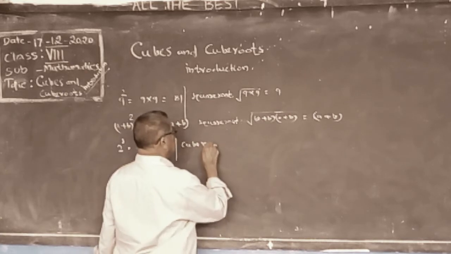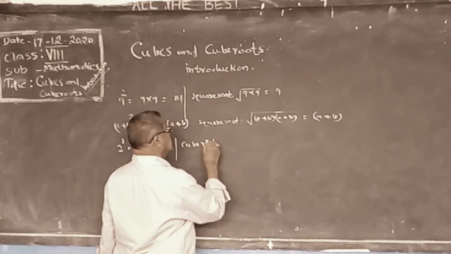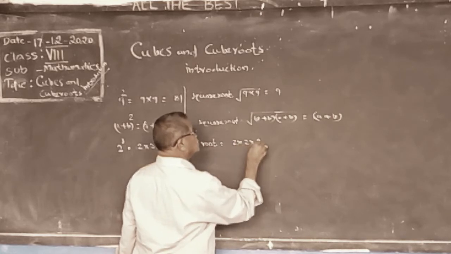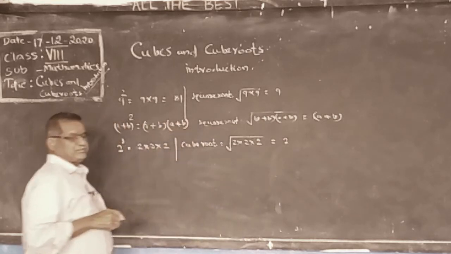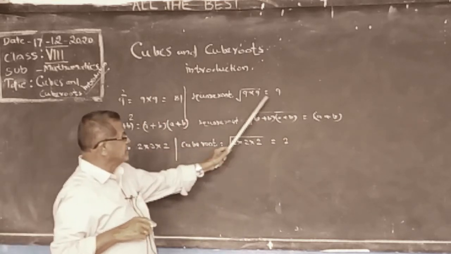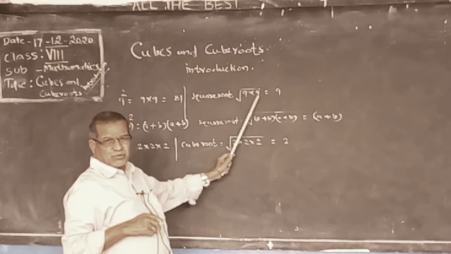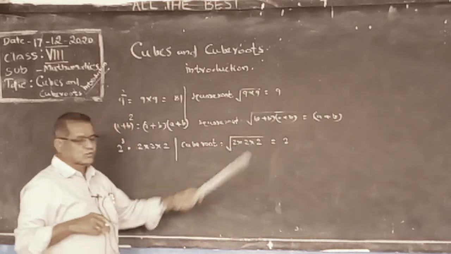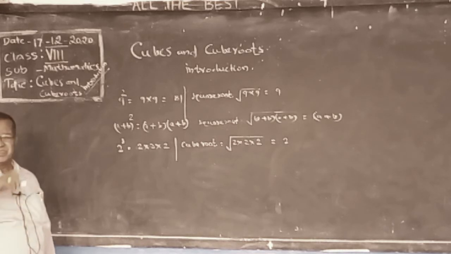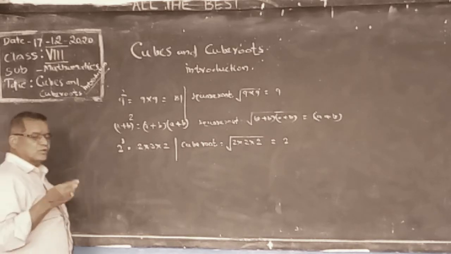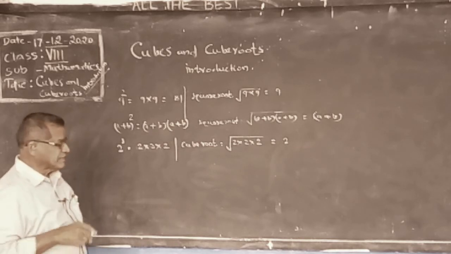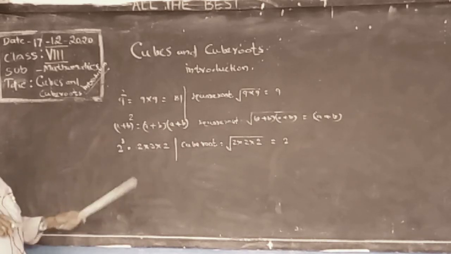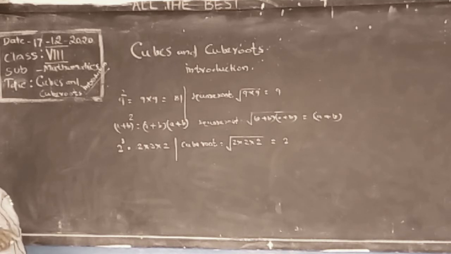Cube root means 3 times, so this is 2 into 2 into 2. For every 3 numbers, we take 1. In the square root, for every pair, every 2 numbers, we take 1. In the 4th root, for every 4 numbers, you take only 1. Like the 5th root, for every 5 numbers, you take one number. In the 10th root, for every 10 numbers, you take 1.